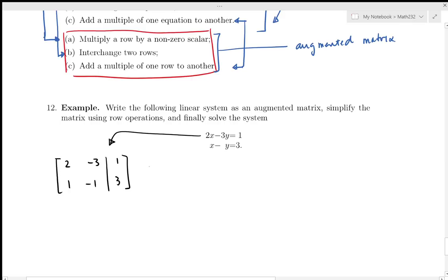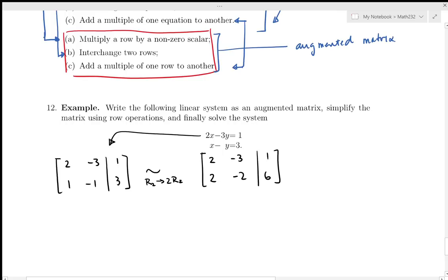I'm going to make a little symbol like this, and what I'm doing now is taking R2 and replacing it with 2R2. So I'm multiplying the second row by 2. I'm going to write that out right here. That's going to look like this: 2, minus 3, 1. I didn't do anything to row 1. And to row 2, I'm going to multiply all the numbers in row 2 by 2.